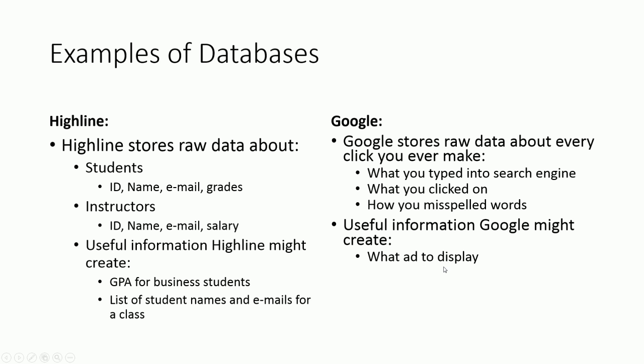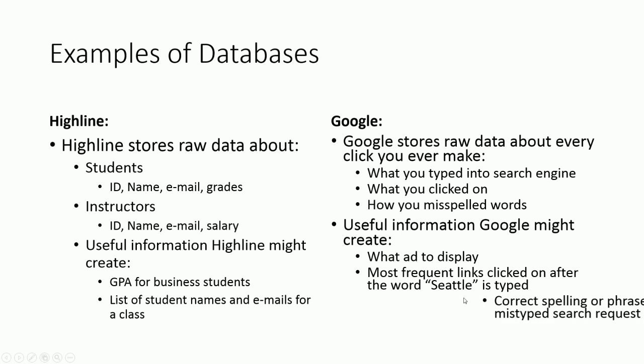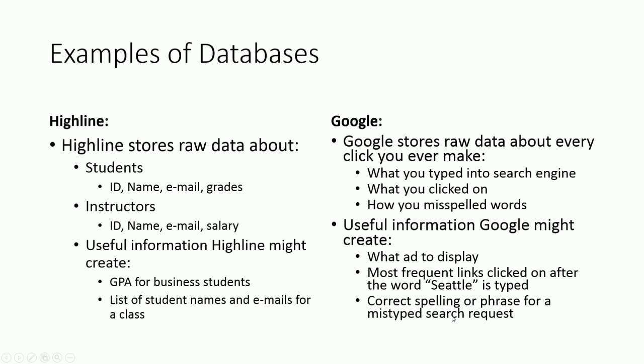What ad to display? Most frequent links clicked on after the word Seattle is typed. When you type something in to Google, it immediately suggests some popular links. That's a form of data analysis, going from all the stored raw data to creating something useful, like maybe people that type Seattle then type weather or pizza or something like that. Correct spellings.